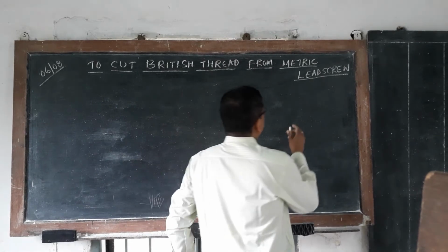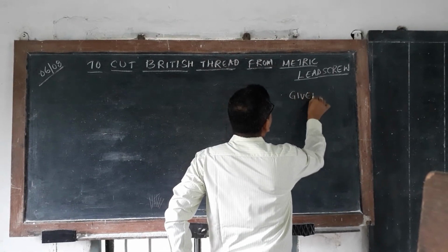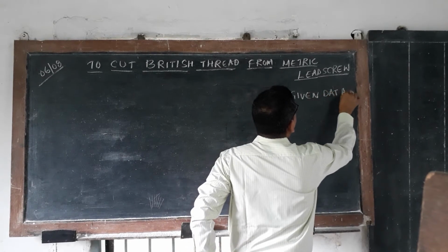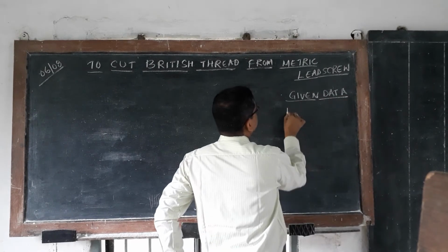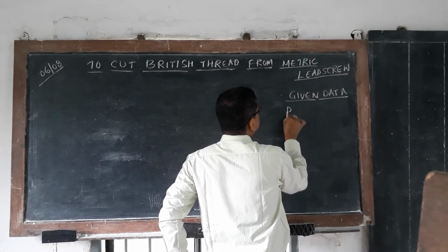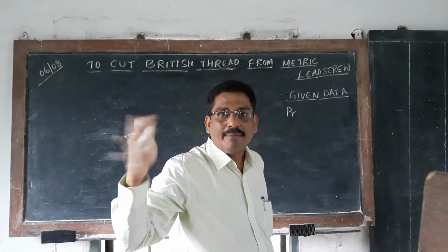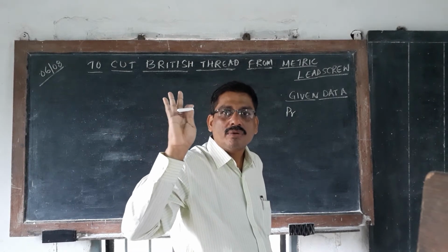So actually the given data is enough for us. Pitch required: that 5 by 8 you forget, it is a diameter that we are going to turn.